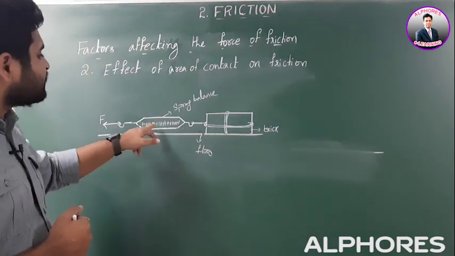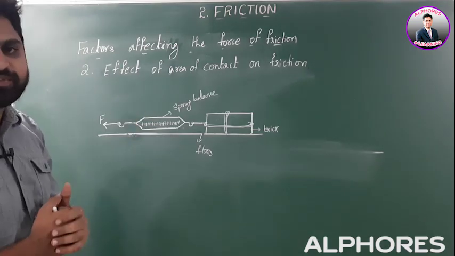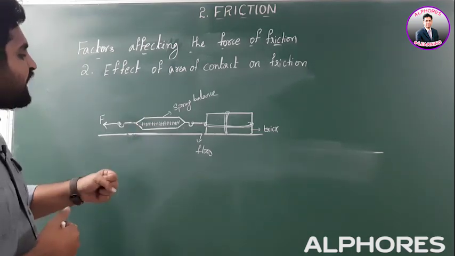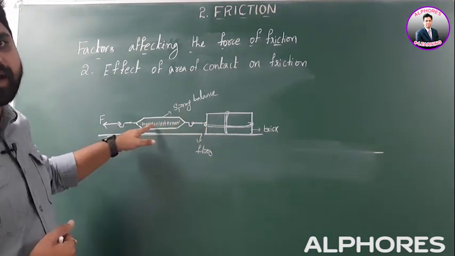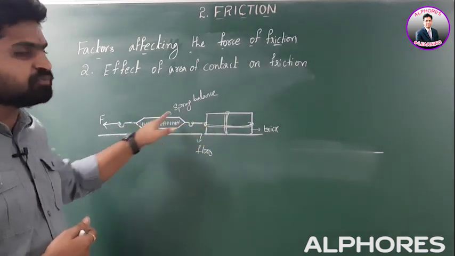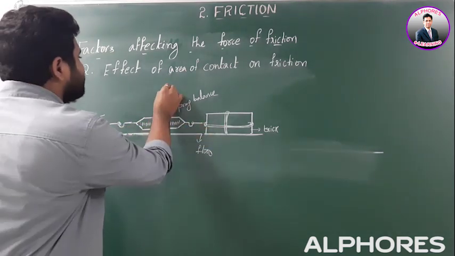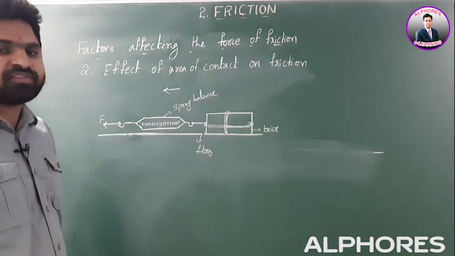Let's say the spring balance used here is giving the values in newtons. My aim is to pull this brick with the help of this spring balance, so that the brick is moving in this direction. I hope you understand this concept.